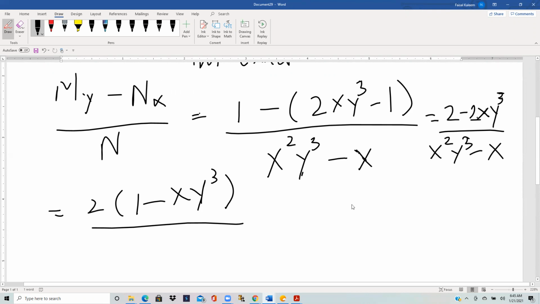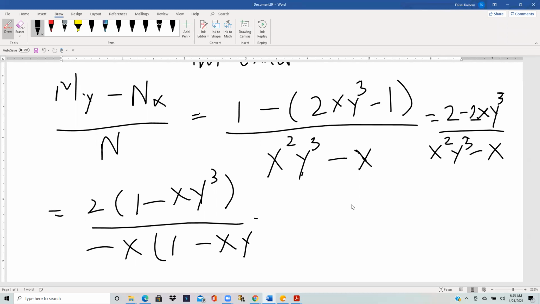So we need to factor negative x, and then we get 1 minus xy cubed, where after factoring the negative x, I get a 1 from this term.